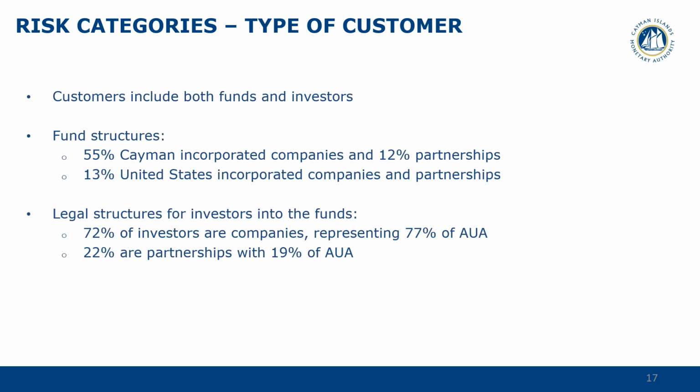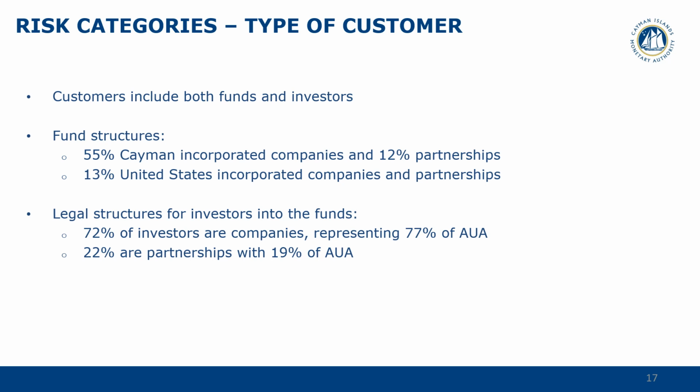So the next aspect of considering inherent risk is to look at the types of customers, and the customers can include both the funds and the investors. So looking at the structure of funds, 55% of them are Cayman incorporated companies and 12% are partnerships. And of those, 13% are US incorporated companies and partnerships.